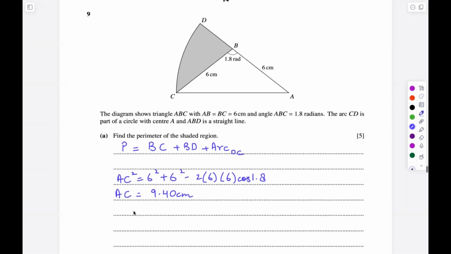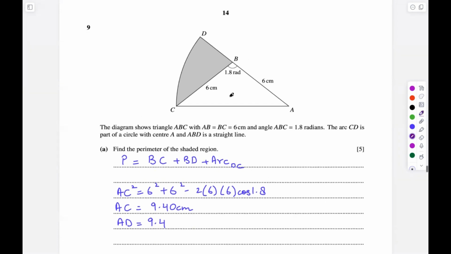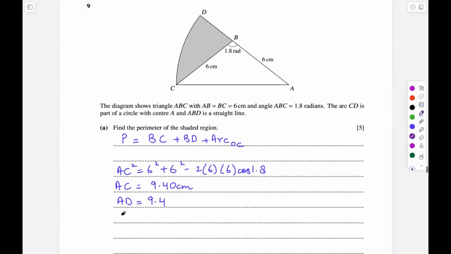As AC and AD are equal, AD will also be equal to 9.4. So as the length of AD is 9.4 and AB is 6, the length of BD will be equal to 9.4 minus 6, which is equal to 3.4 centimeters.